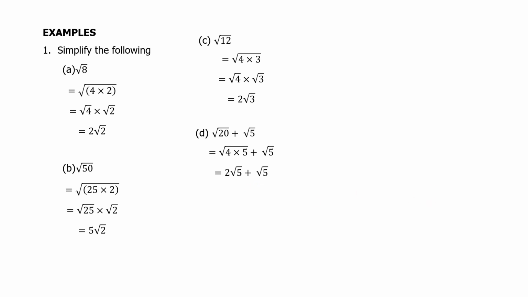Now here we have like terms, that is the root of 5 and root of 5 there, and this root 5 here has a value, the 1, although we don't write it. So in the next step, we are going to add a 2 to a 1, then we put our brackets into the root of 5, which is that. Then when we add 2 plus 1, we have 3 root of 5.